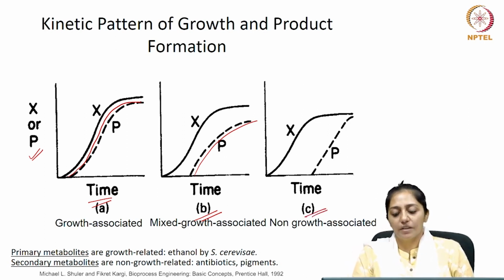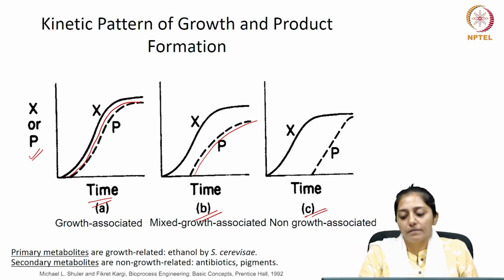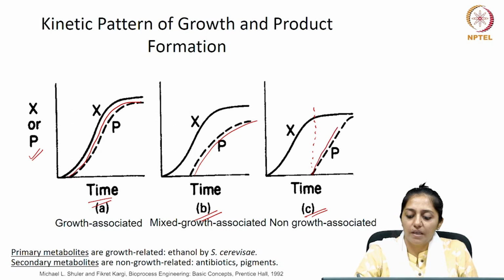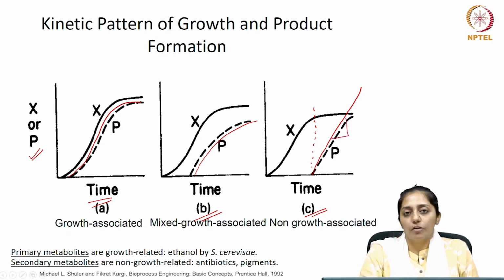Whereas in plot 3, you will observe that the growth has stopped at a point where the product formation has begun, which means that it is a non-growth associated product formation, and that too the rate of product formation is constant.